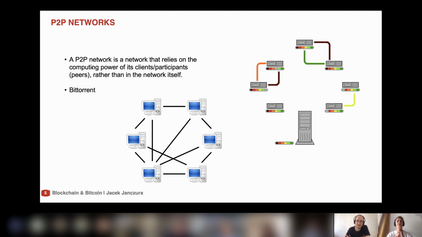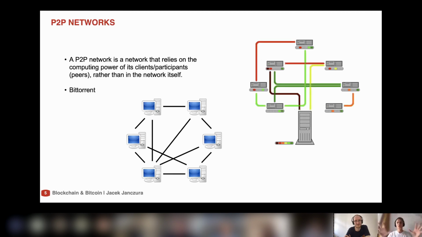A very well-known example of a peer-to-peer network is BitTorrent. Probably all of you know what torrents are. We split one big block of data into smaller chunks, and those smaller chunks can be distributed over the network.